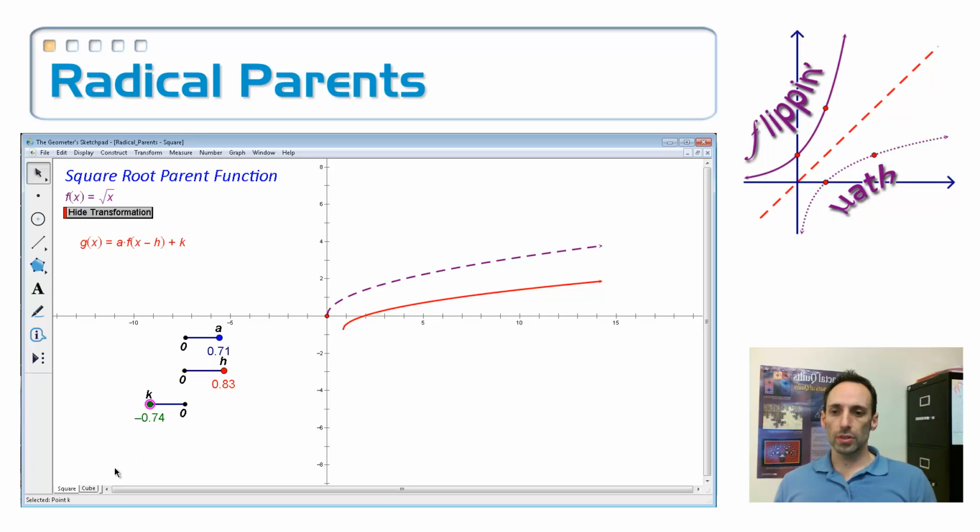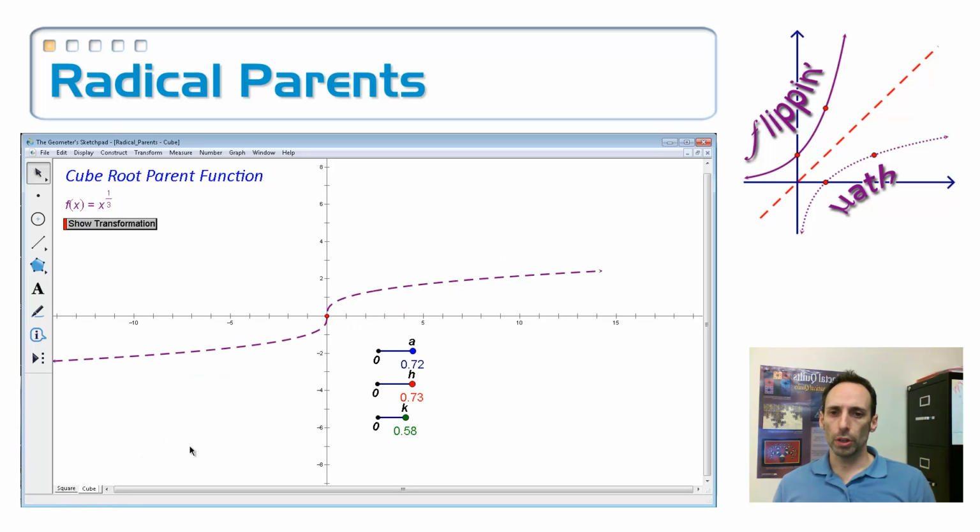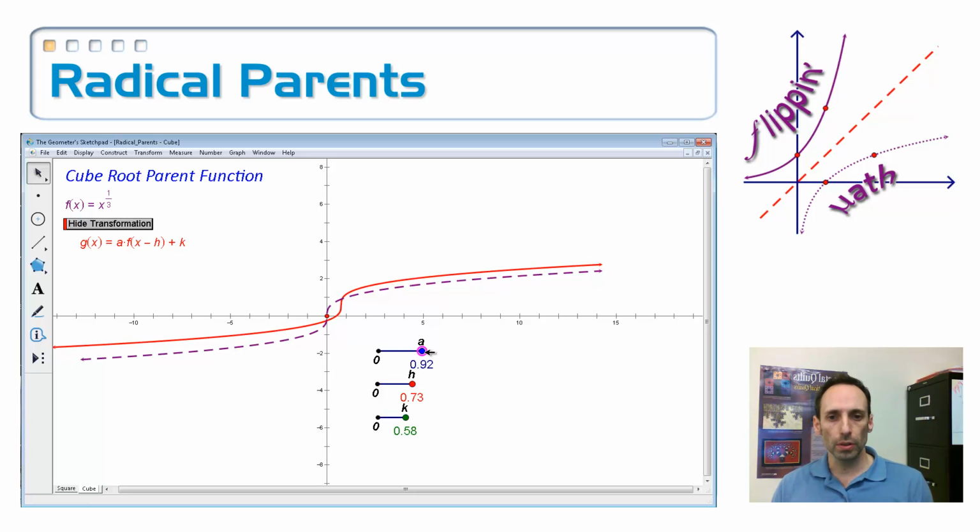Alright, so let's look at the cube root one. On the cube root one, same kind of deal. I have the purple graph, all of the parameters that I'm going to transform this with, and the a value. Let's make the a value bigger than 1. What should we expect it to do when it's bigger than 1?